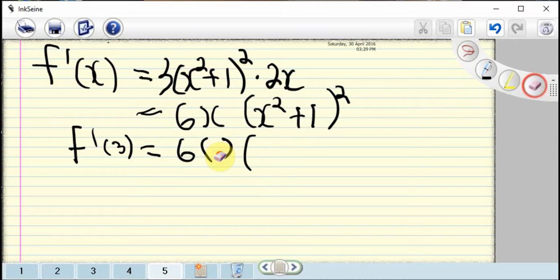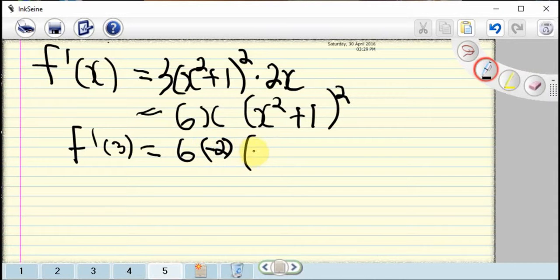So it's 6 multiplied by negative 2, right?